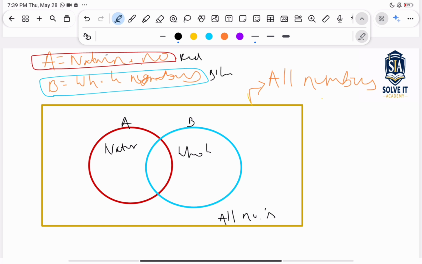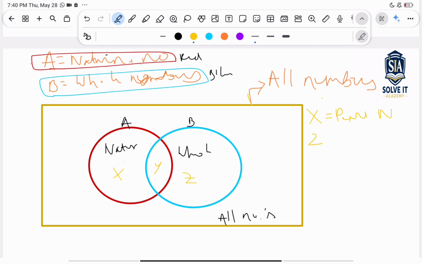So here we have only pure natural numbers. Okay, I will take parts. If this is A, I'll take this as X, Y and Z. What is X? Pure natural.